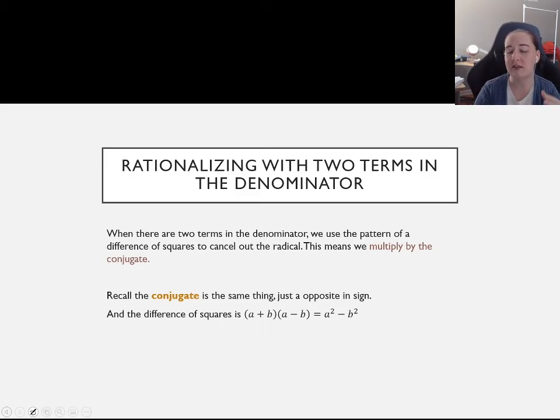You're only going to see things with two terms with square roots, because when you've got cubed root, it's a lot more complicated, and honestly, I don't think I've ever had to do that with a cubed root in the denominator. So no point in telling you how to do that. It's just with two terms, and it's going to be a square root.